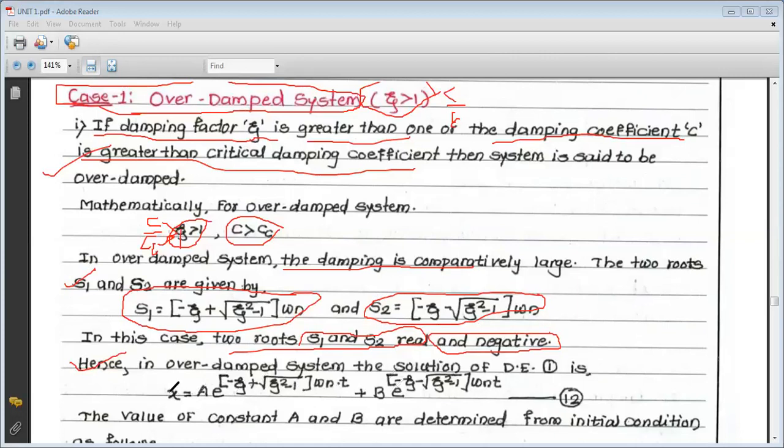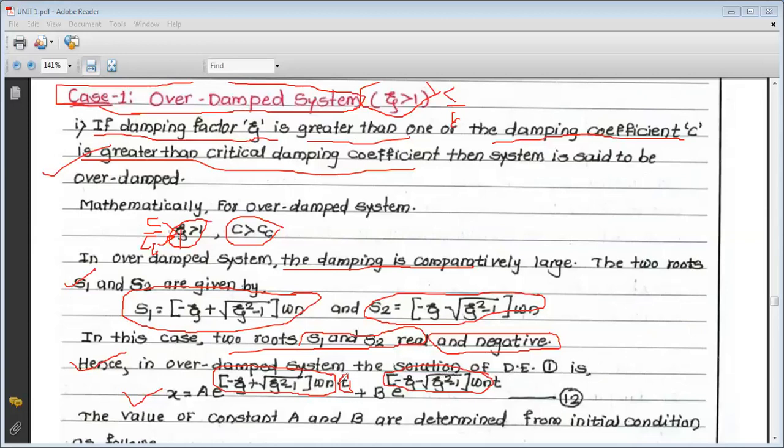So we get the general solution x equals a e raised to (minus zeta plus square root of zeta square minus 1) into omega n t, that is e raised to s1t, plus b e raised to s2t, where s2 is minus zeta minus square root of zeta square minus 1 into omega n, into t.